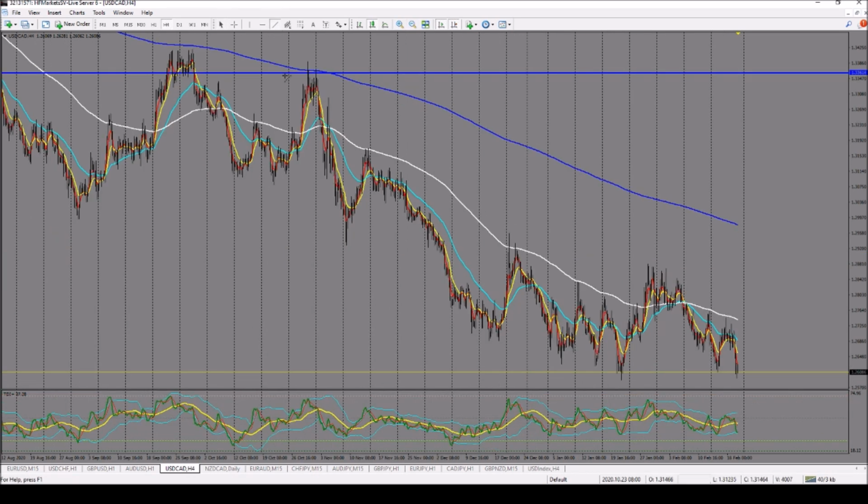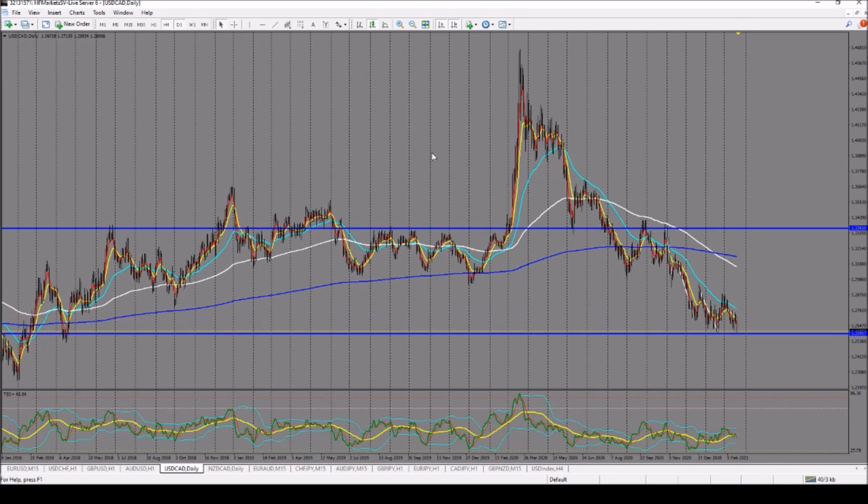And as you can see from this point, we had the first drop, the second drop, and we had the last drop. And this drop actually terminated at this zone. This was the zone where this drop terminated.